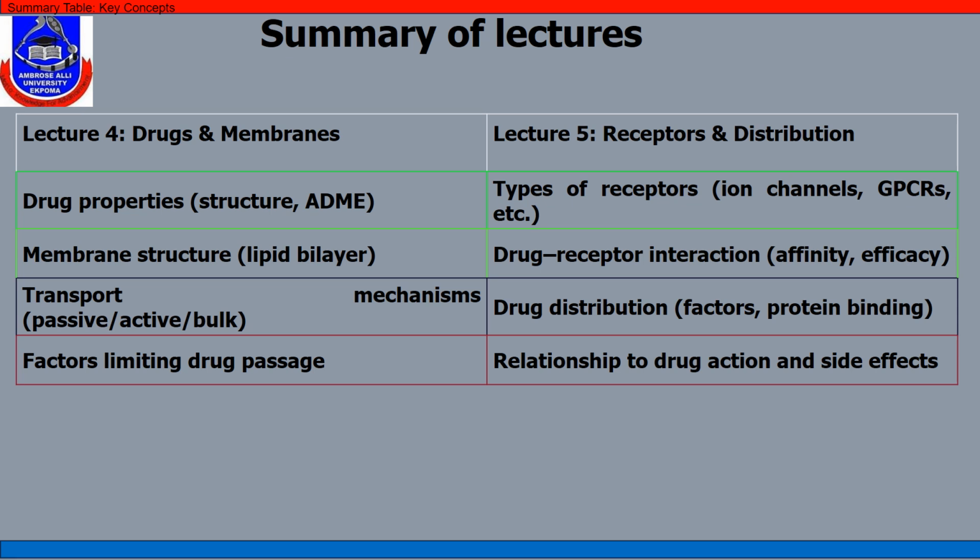We talked about drug properties by way of structure, membrane structure or the lipid bilayer, and then transportation mechanisms, where we talk of passive, active, and bulk, as well as factors limiting drug passage through the membrane.